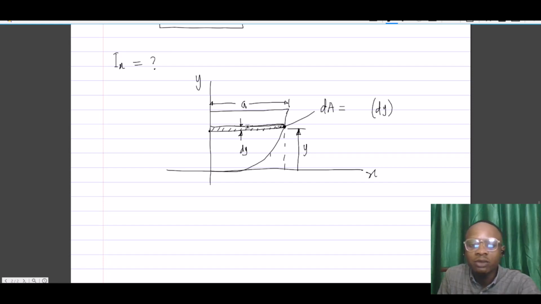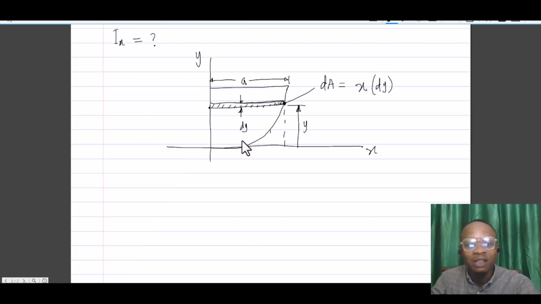So this area will just be dy multiplied by x. That is the width, dy, multiplied by this length, which is just x, the x coordinate of the point wherever this elemental area is located. Okay, so with that, we are good to go.